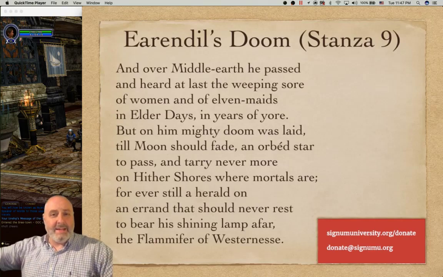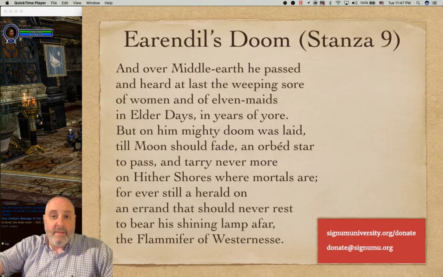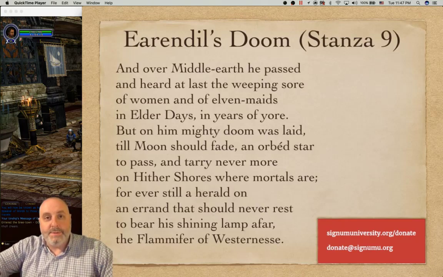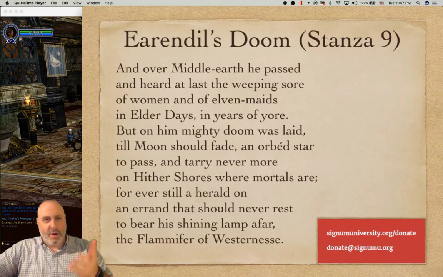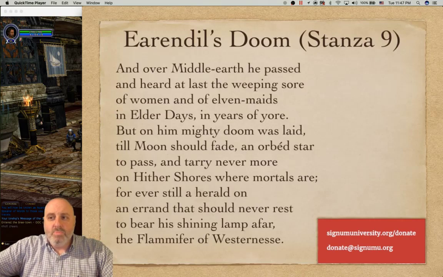He revised it in the 60s, so it's not exactly the first one that he did at the beginning. But those two poems, the early version of Earendil and then the revision, are both in Treason of Isengard. I'll put the full text of both of them up so we can read them together next time too.